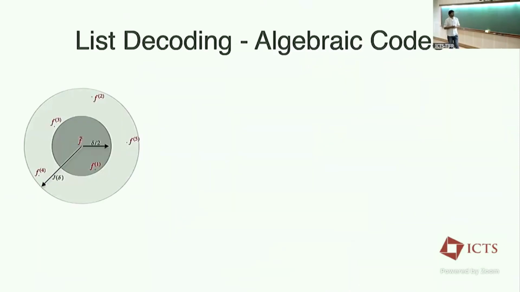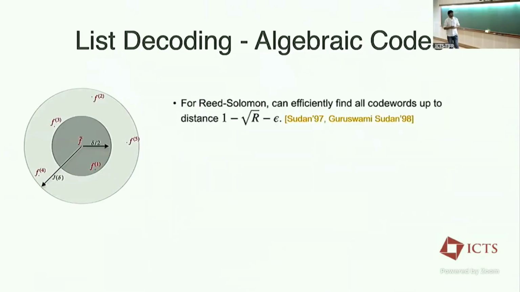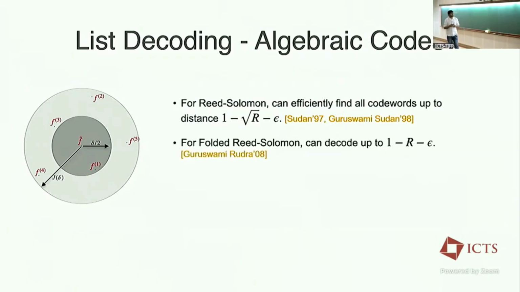Okay. So for algebraic codes, seminal works of Guruswami and Sudan showed that you can efficiently decode them up to the Johnson radius. And later breakthroughs actually made it optimal. 1 minus r is the best we can do.